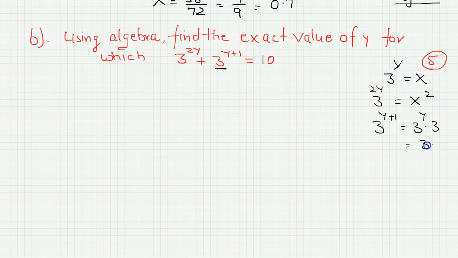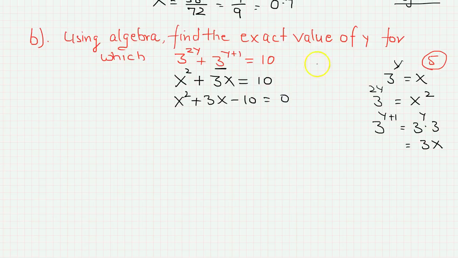So 3 raised to the power 2y is x square. 3 raised to the power y plus 1 is 3x, is equal to 10. So it is x square plus 3x minus 10 is equal to 0.